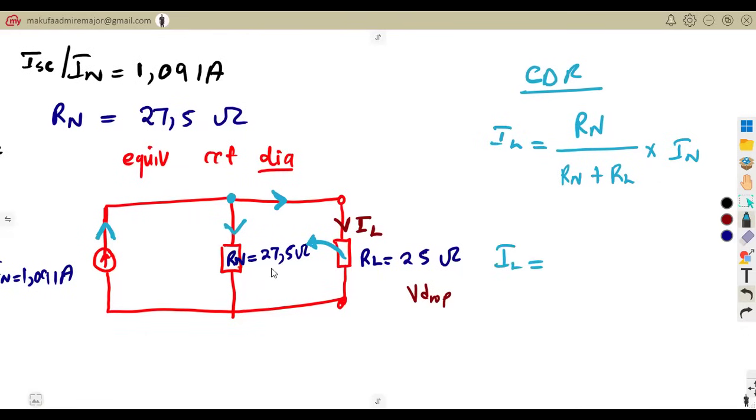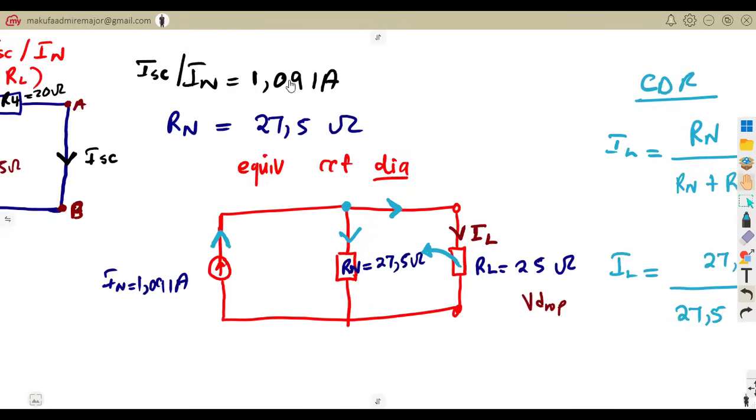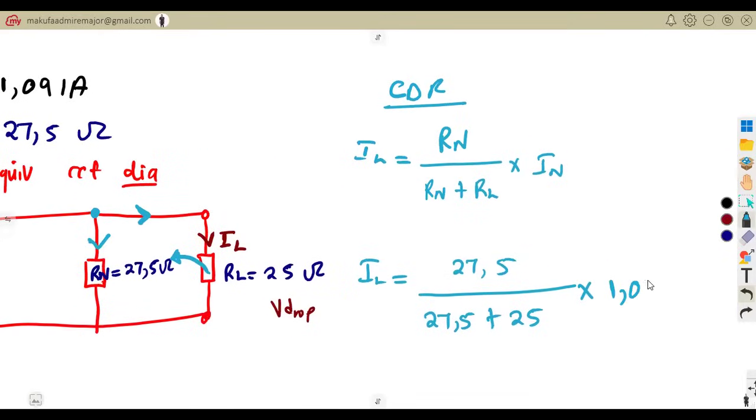That's Rn, as we calculated, 27.5, over the sum, 27.5 plus RL, which is 25. Whatever you get, you multiply by the Norton's current, or your short circuit current, 1,091 amperes.